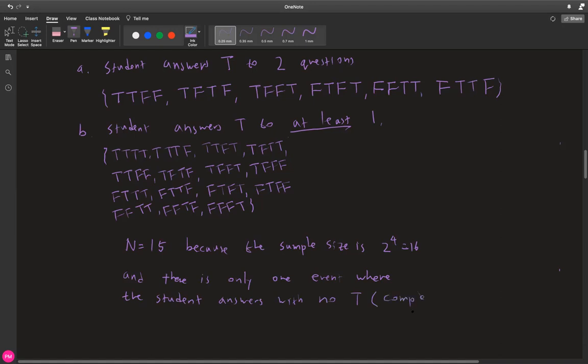And we're going to look more into the terminology of complement, but not now. Namely, in this case, it's false, false, false, false. Since that's the only outcome, we take away one from here and the rest should be in here.